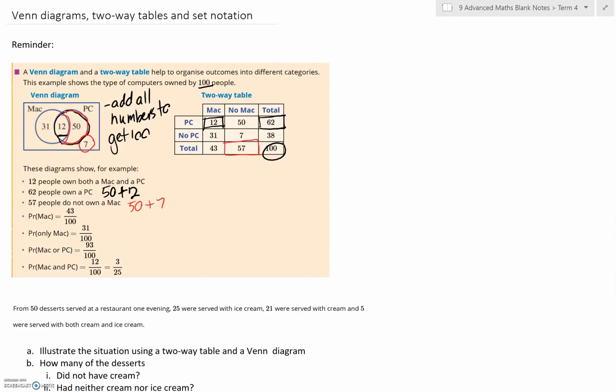Now we can also use this to easily work out probability. So we know that probability, either theoretical or experimental, is number of favorable outcomes, so whatever we want to happen, over total outcomes or total trials, which is the terminology generally used in experimental probability. So the probability of getting a Mac means we've got 43 people who own a Mac.